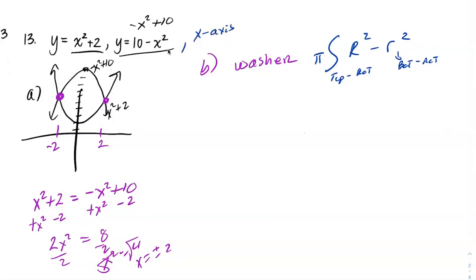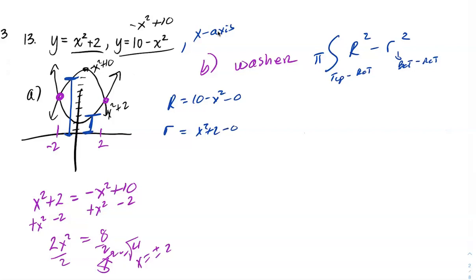So we need the big R. What's the furthest one from the x-axis? That means my big R is going to be 10 minus x squared minus 0, because it's the x-axis. My little r would be the smaller one from the x-axis, this guy. So my small r would be x squared plus 2 minus 0.